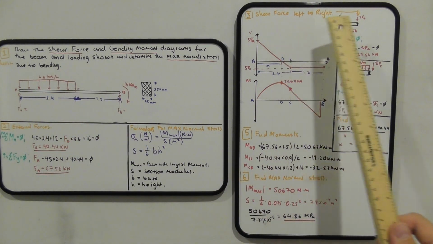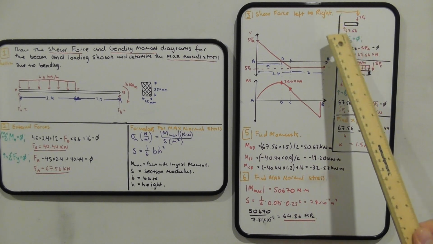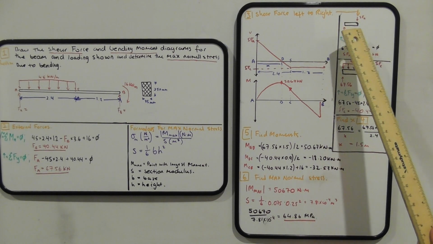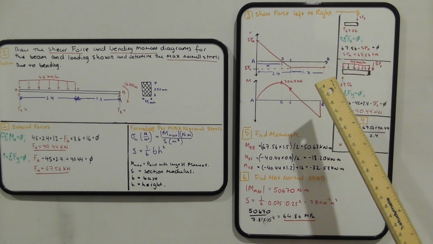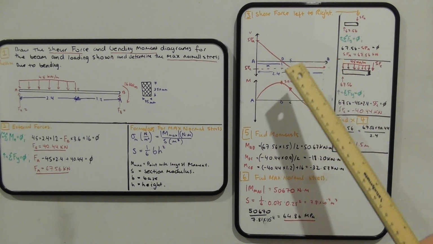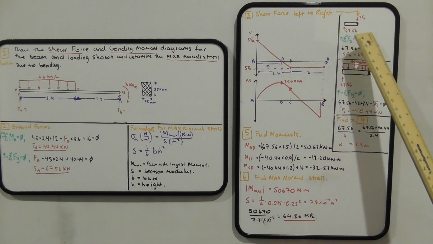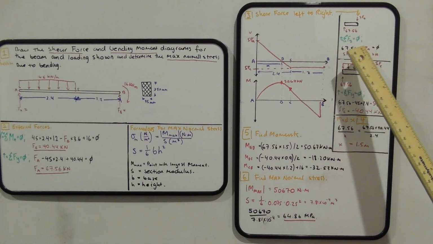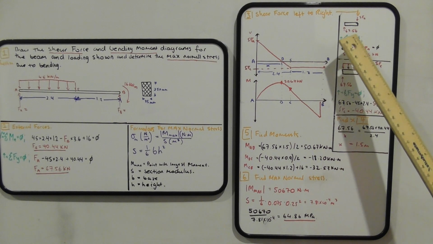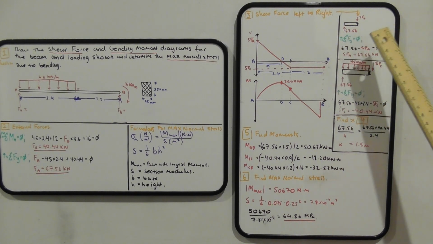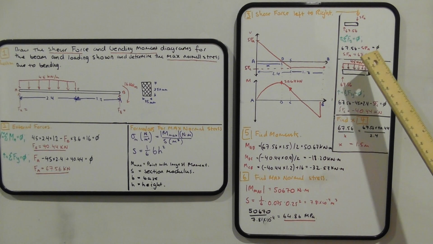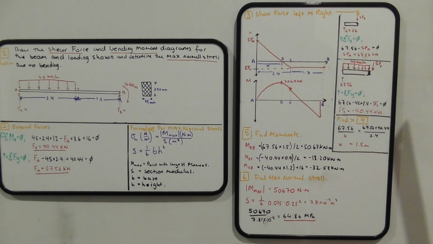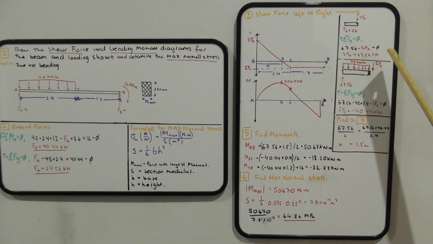The way you figure out the shear force is that you cut the beam just slightly past A, and then you do a sum of forces in Y. So we have that force, 67.56 kilonewtons, minus the shear force at A, equilibrium, so it's equal to 0.